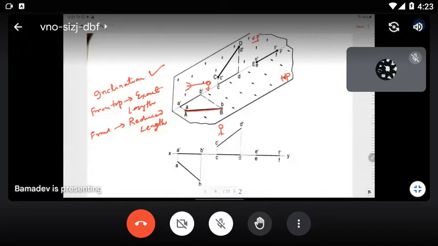Since you know the inclination, and from the top you are seeing the exact length because the straight line is parallel to the HP, which view would you like to draw first, the top view or the front view? Use your common sense and tell.